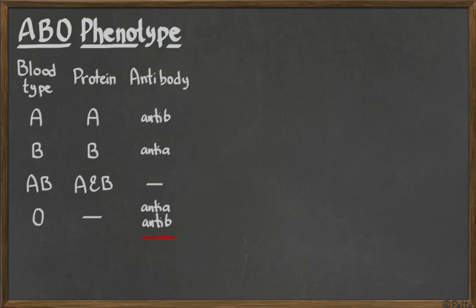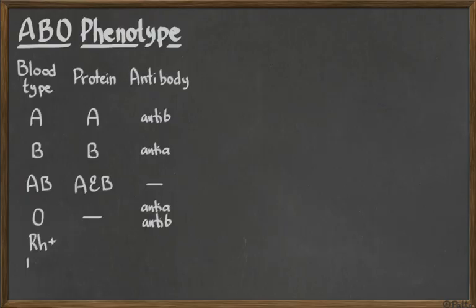So AB blood type, they have both immunoglobulins A and B, so they don't produce antibodies to fight A or B. If you're B, you produce only anti-A. And if you're A, you produce anti-B. This is something that happens: our immune system tends to produce antibodies against what we don't have. So that's why O produces anti-A and anti-B, A produces anti-B, B produces anti-A, and AB doesn't produce antibody.